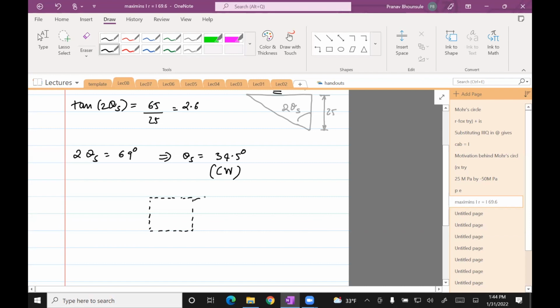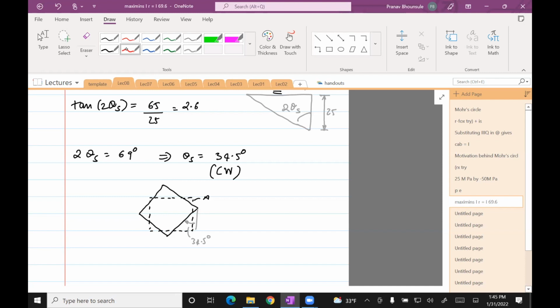So this is face A. This is 34.5 degrees. Okay, and now what's left is to draw the stresses.